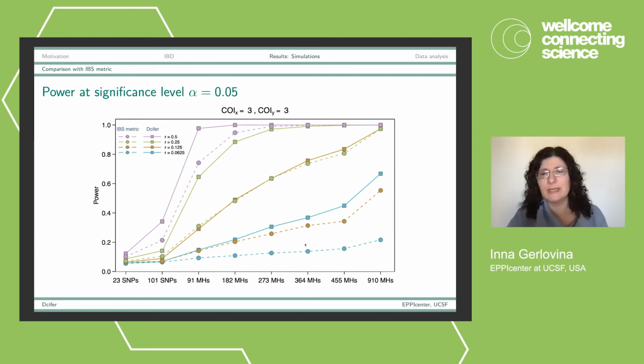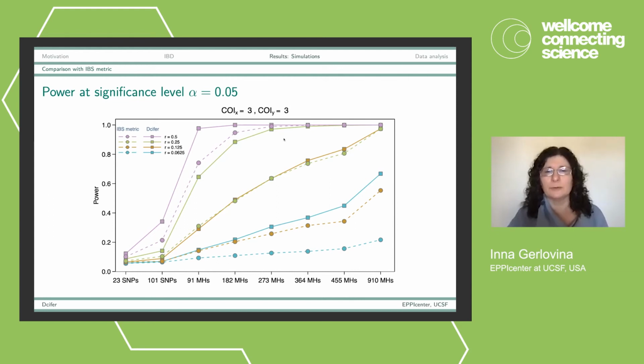And we can say that, of course, as the number of loci increases, the power is increasing as well. And Dcifer has much higher power than, we need to look at the same color, than the IBS metric. And of course, when R goes up, it's easier, and the power goes up as well.